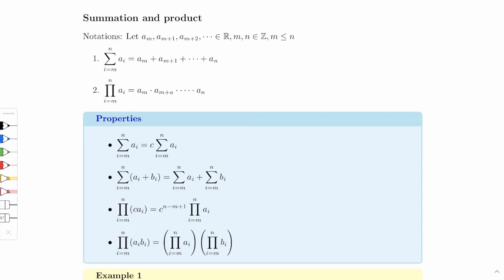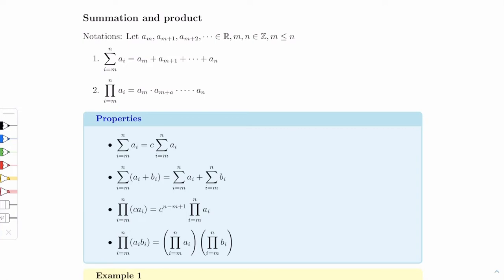If we have a_m, a_m plus 1, a_m plus 2, all of those are real numbers, where m and n are integers, and m is smaller than n, then this notation, the sigma notation, from i equals to m to n, and we add a_i together, is a_m plus a_m plus 1 plus all the way till a_n.